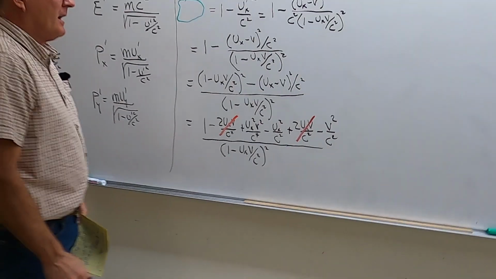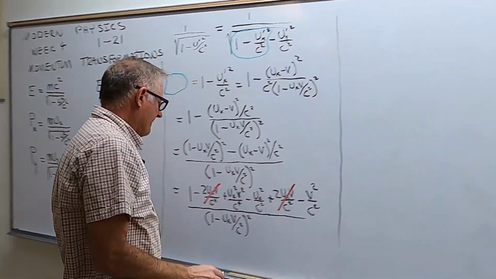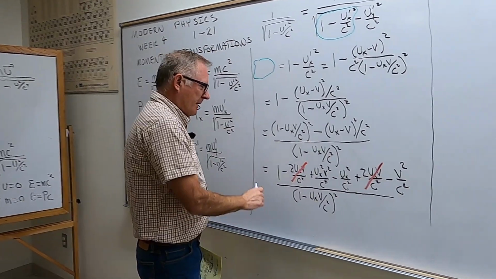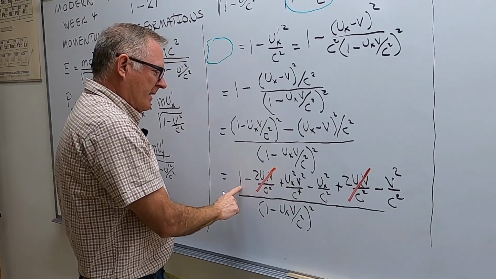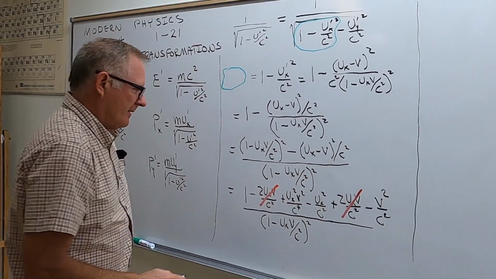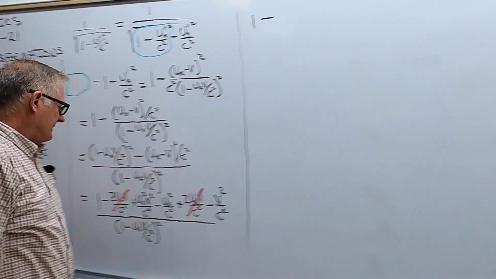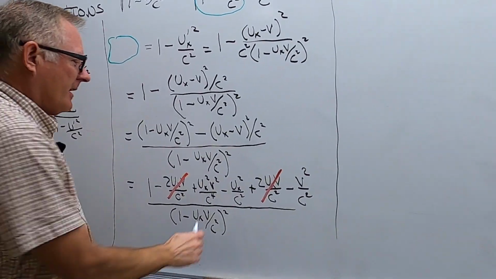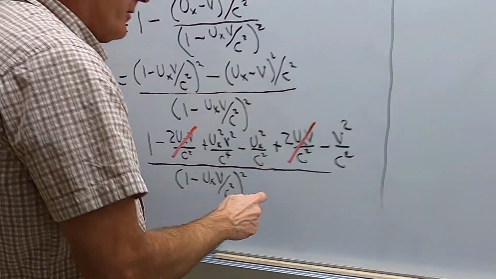So this becomes, I guess we'll just come up to here. This becomes 1 minus ux squared over c squared, I'm going to put this term first and I'll put this one on the end.